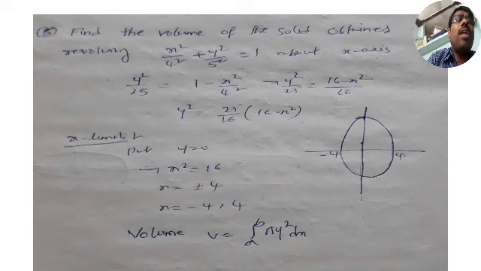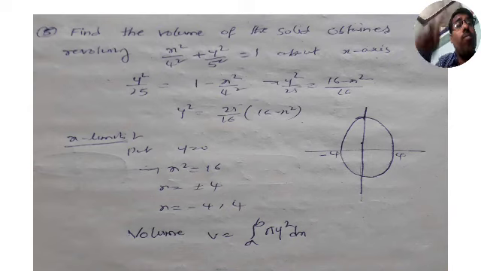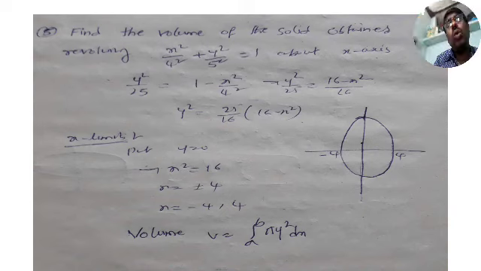Therefore, the major axis is about the y-axis. That's why I'm writing a vertical ellipse. Anyway, it is just like our fourth problem. What to do? You have to rotate the ellipse x square by 4 square plus y square by 5 square is equal to 1 about the x-axis.